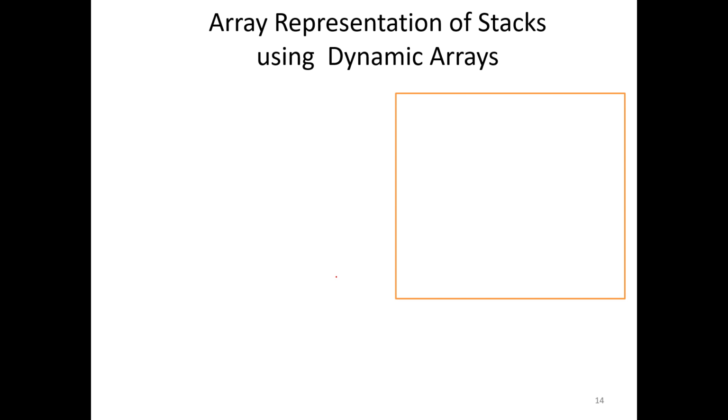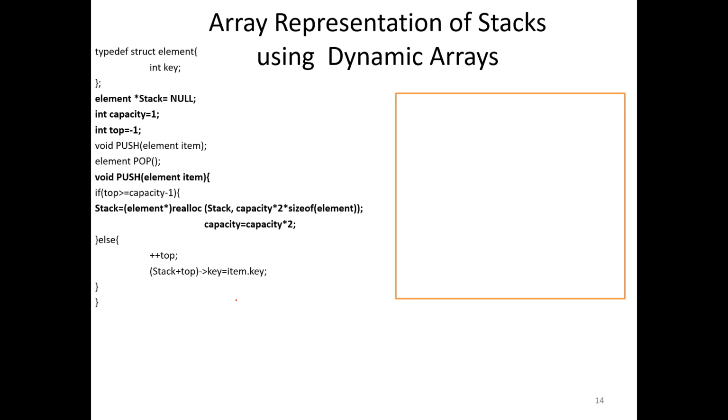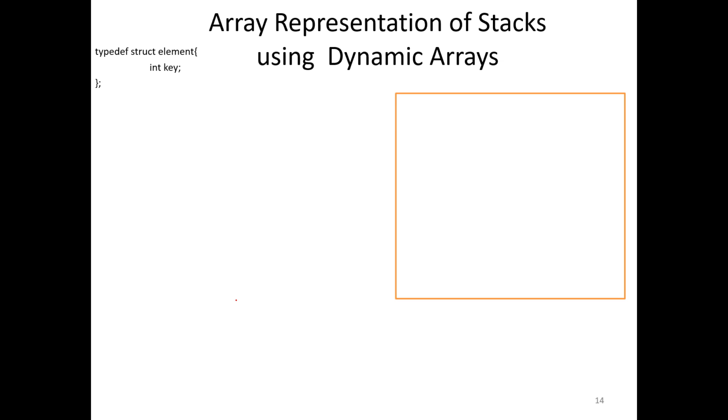So the problem with the static is that we have to reserve the memory location, even if you use it or don't use it. That is immaterial. When we don't use the stack and a large capacity stack is maintained or initialized, the size is getting wasted. Now we have to find out some other method so that memory can be saved. So here we go for dynamic memory allocation.